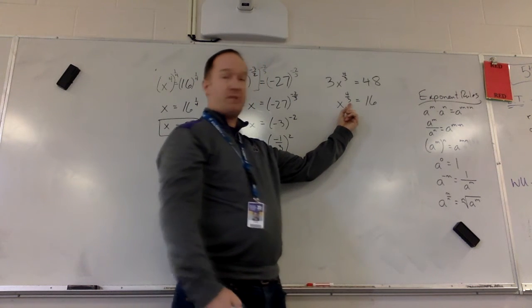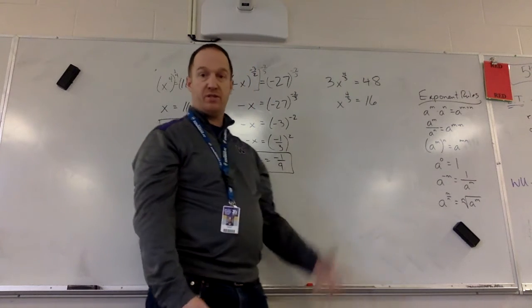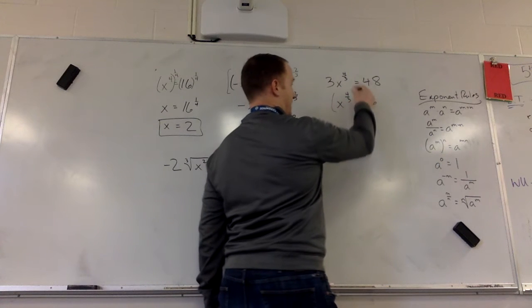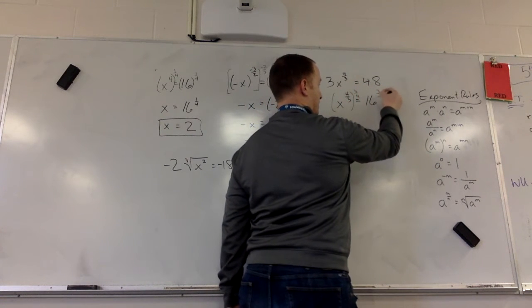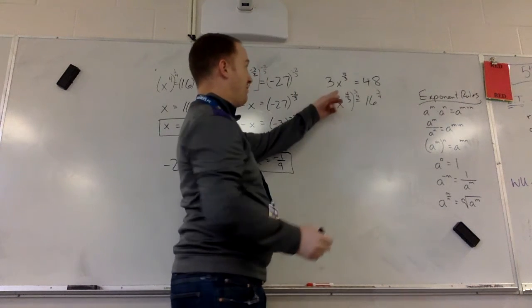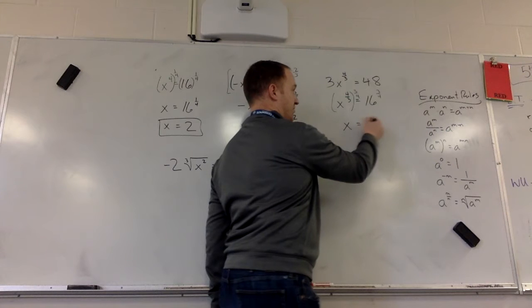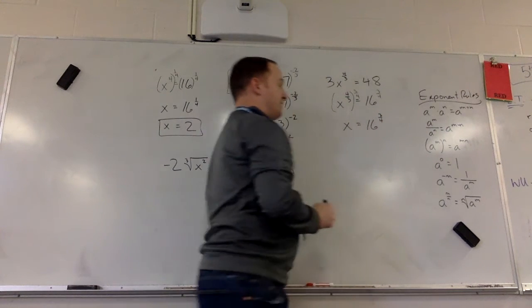So what do I multiply 4/3 by in order to get 1? That's what we need in order for it to be solved. Well, it's 3/4. So we're going to take both sides here to the 3/4 power. 4/3 times 3/4 is 1. So we get x to the 1, or just x, equals 16 to the 3/4.